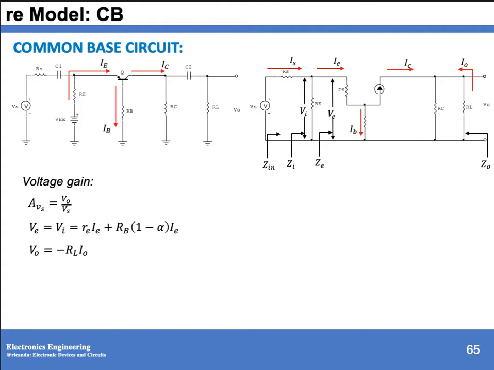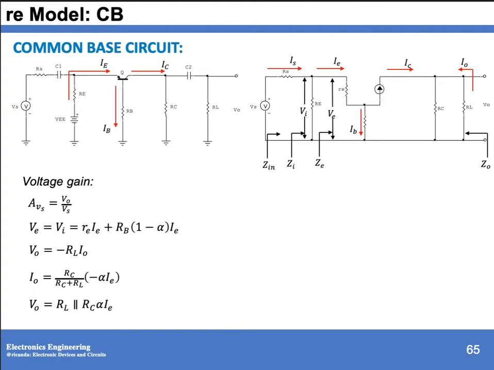Then we have to get the equation of your IO. So we have RC over RC plus RL, times negative IC, where IC is equivalent to alpha IE. So therefore, your VO is now equivalent to a positive RL in parallel with RC times alpha IE.